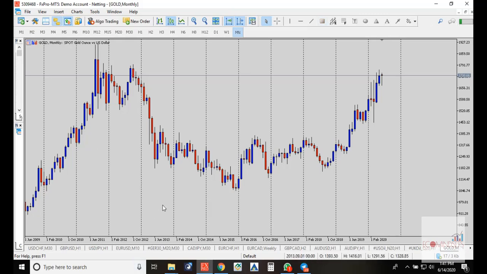Alright guys, as you can see, we have our chart here. With this chart, we have gold, so we want to analyze our gold. We want to see the resistance levels, the level at which gold currently is, or the level that gold is approaching.